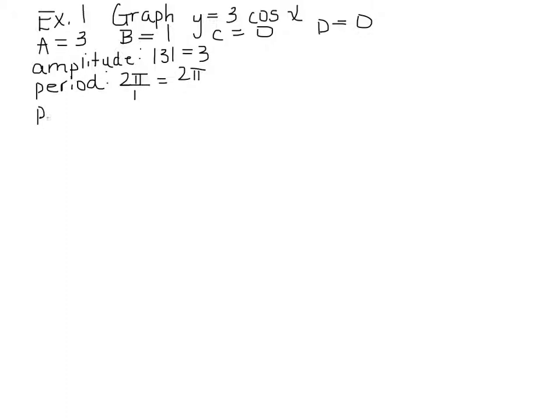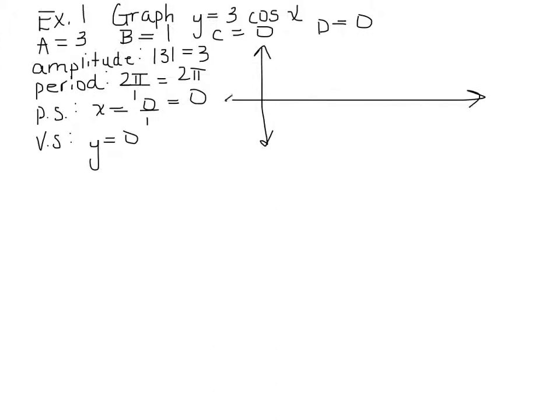My phase shift, which I'm abbreviating, that's x equals c over b, which is 0. And my vertical shift is y equals d, which is 0. So I make my graph. 3 is my max, -3 my min, 0 is my starting point.